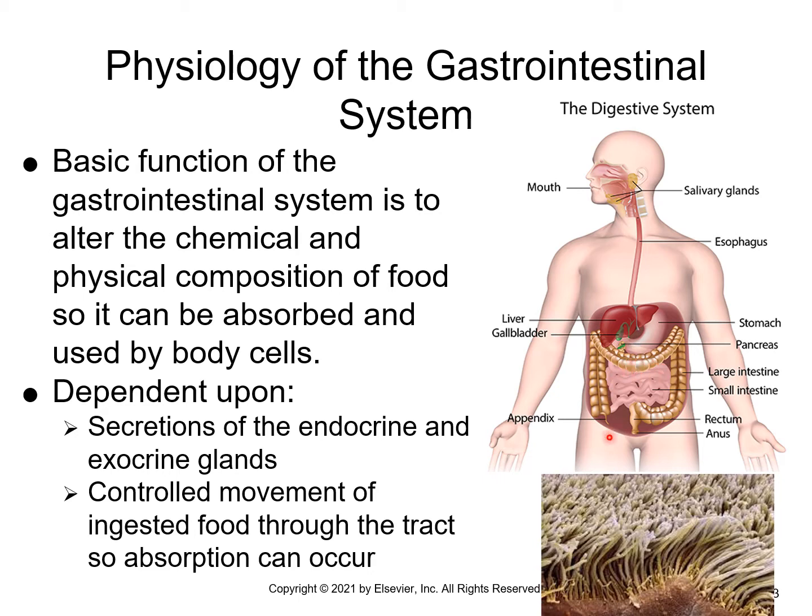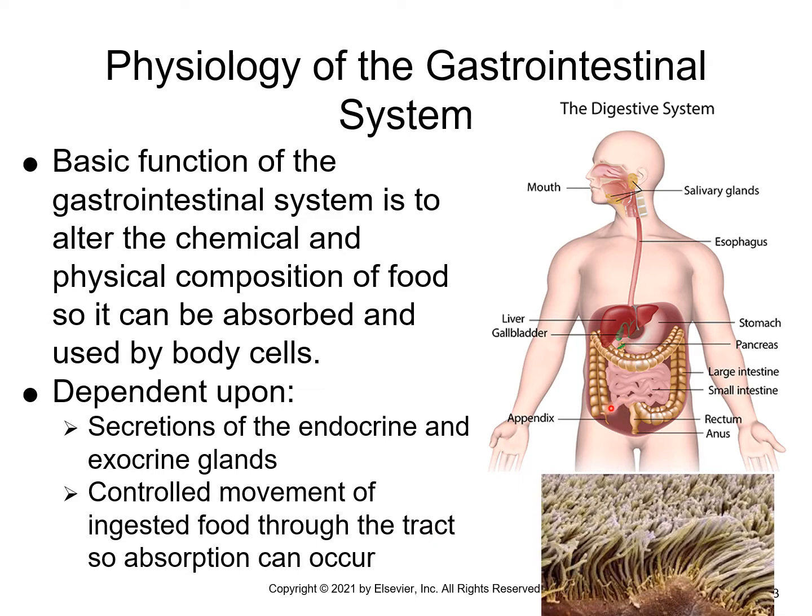From there, it goes through the small intestines. Throughout the whole small intestines, the walls are made up of these cilia-type cells, and those cells increase the surface area of the small intestines, allowing for better absorption of the food. It goes through the duodenum, jejunum, and then the ileum, the third component of the small bowel. Once it gets through the ileum, it's going to go into the large intestine.